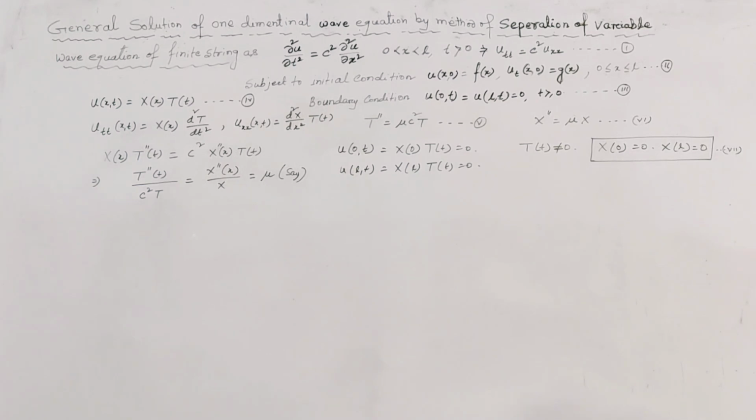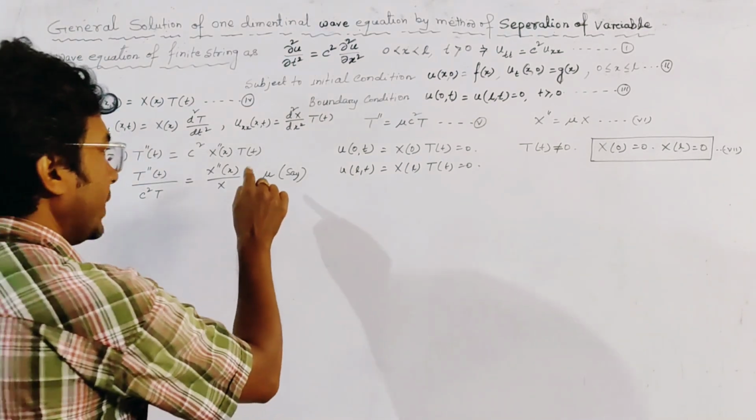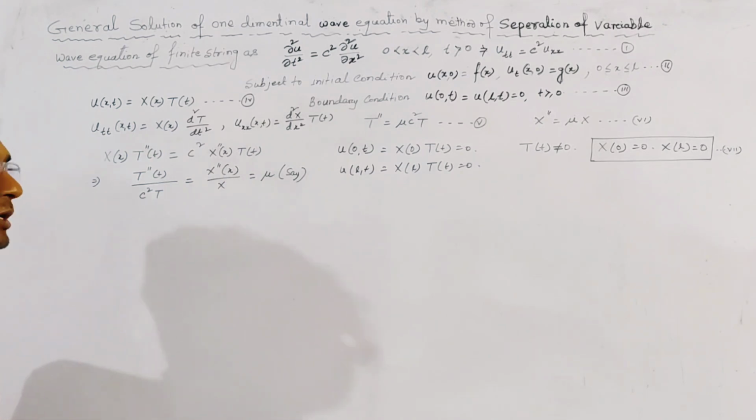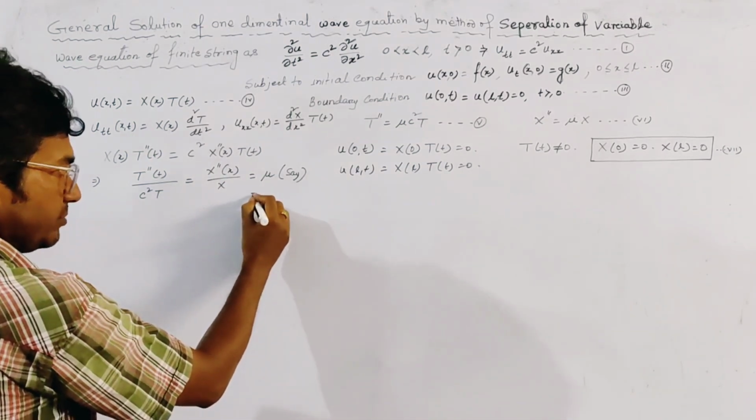Now here the value of μ, an arbitrary constant, may be of three types.